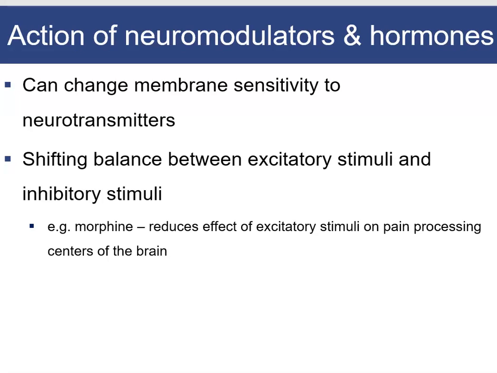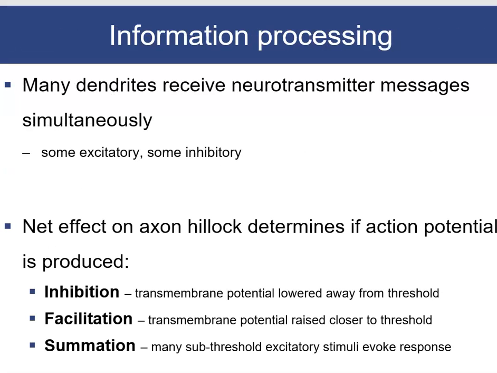They can result in shifting the balance between excitatory stimuli and inhibitory stimuli. For example, morphine reduces the effect of an excitatory stimulus on the pain processing centers in the brain.